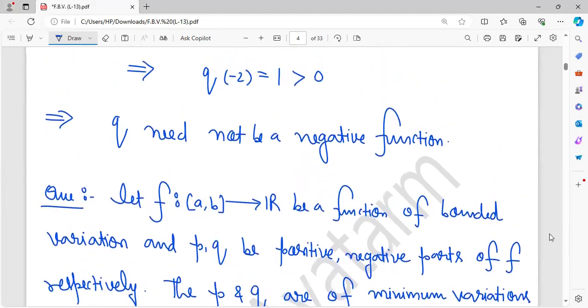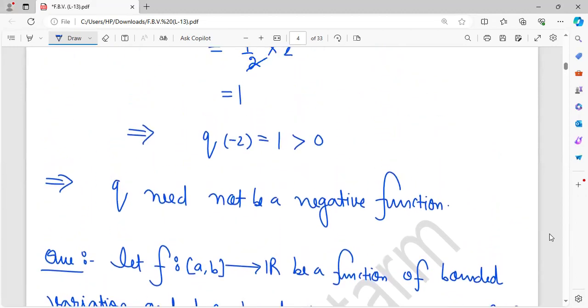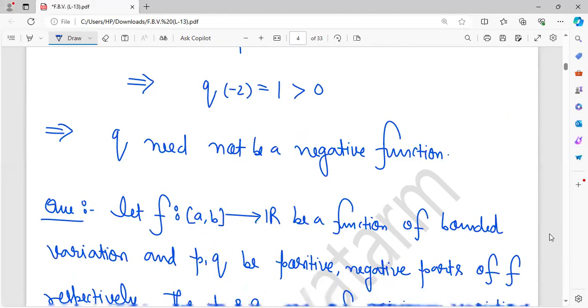Let f be a function of bounded variation on the closed interval [a,b], and P and Q are the positive and negative parts of f respectively.